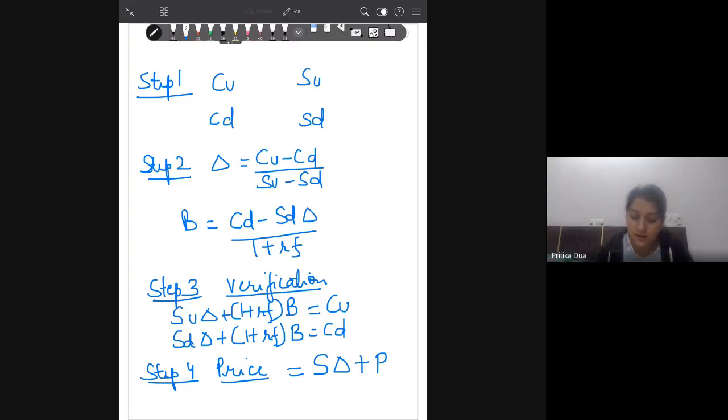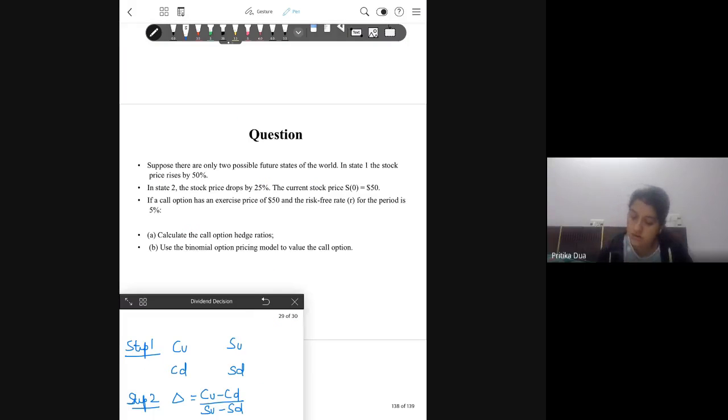Okay. So let's go back to the question and you can write down the values. Your share currently has a value of $50, which can then take up two possible values. One is that in period one, in year one, it increases by 50%, means $25 increase, so the value becomes 75, or it drops by 25%.